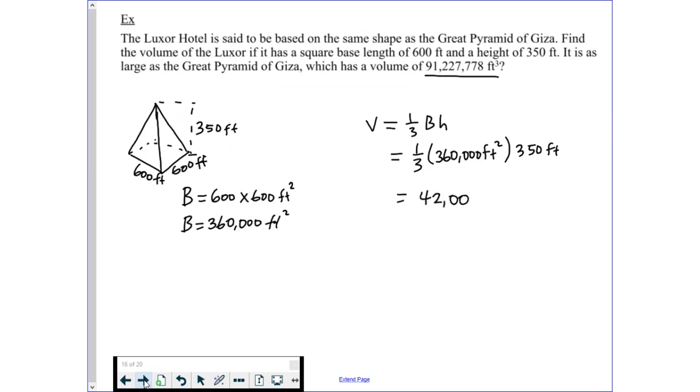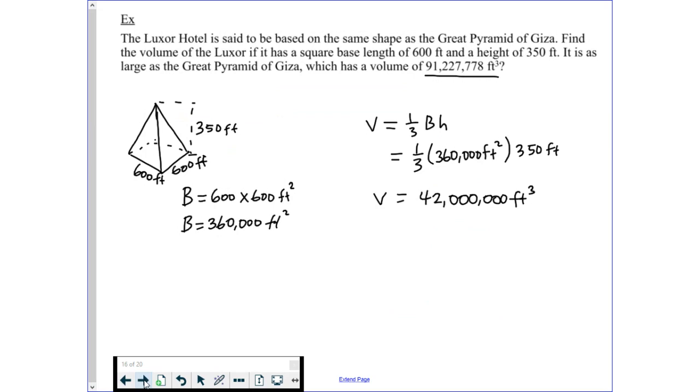So even if they based the design on the original pyramid in Giza, it is almost half, even less than half of the pyramid in Giza. The pyramid in Giza is 91,227,778. The pyramid here in Luxor, Vegas, is 42 million cubic feet.